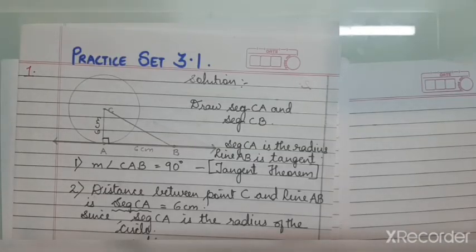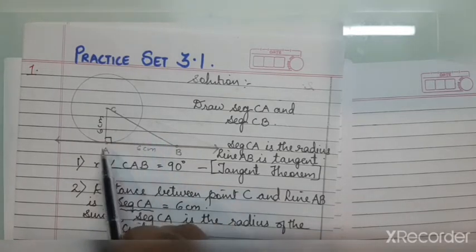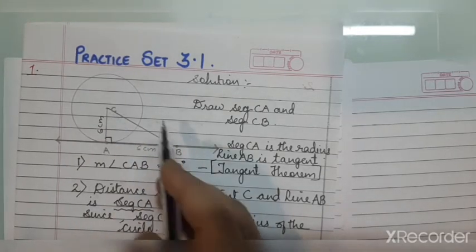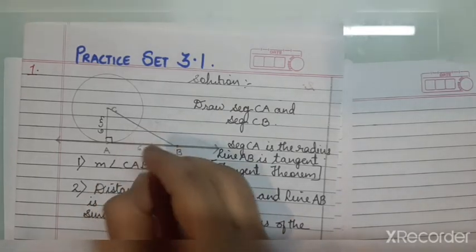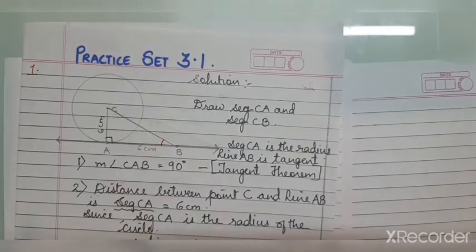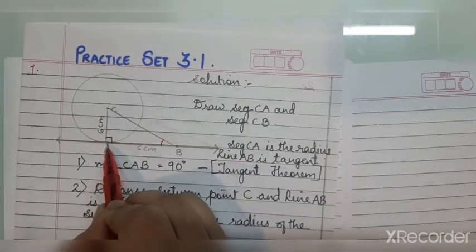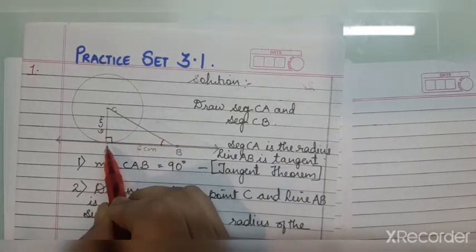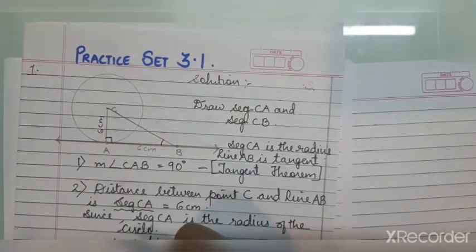Now the fourth part. In the fourth part, they have asked what is the measure of angle ABC. Now if you look at the figure ABC, so we have to find this particular angle here, ABC. Okay, now if you see in this particular triangle, we know one angle, that is angle CAB, that is 90 degree. We have to find a second, but we don't know the third angle.